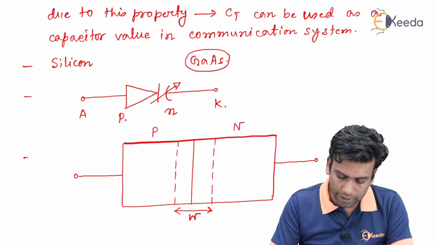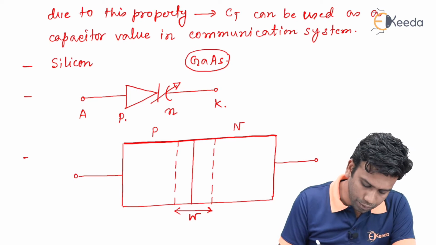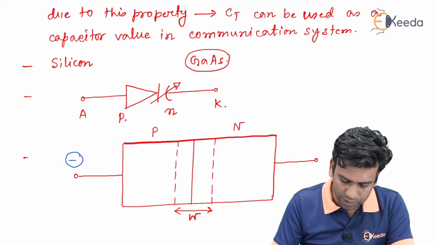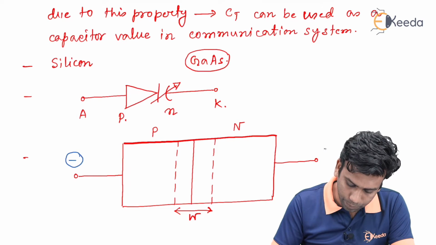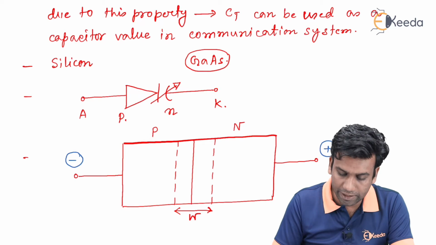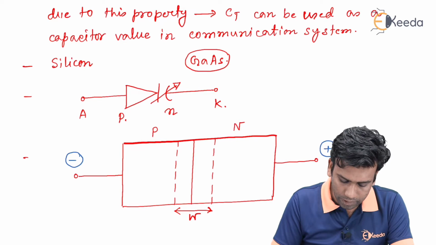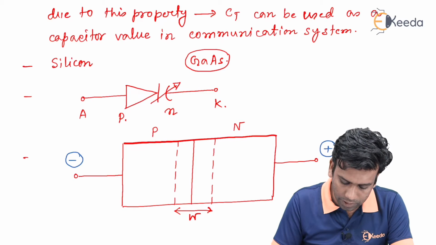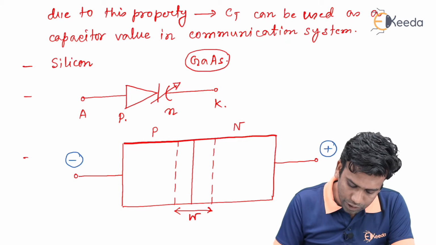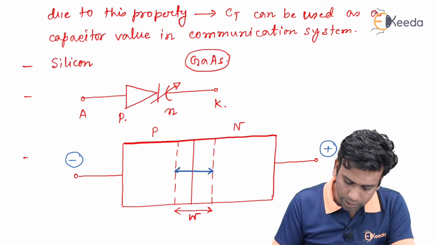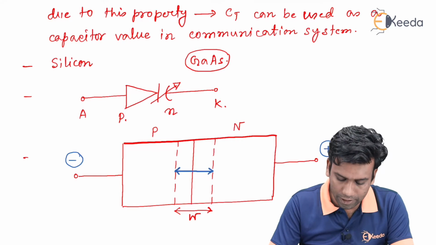So, from this diagram we can see that we have to give a negative potential to this P side and a positive potential to this N side to get the Varactor diode in the reverse bias mode. Now, due to this application of the reverse bias, this depletion region will be very large.